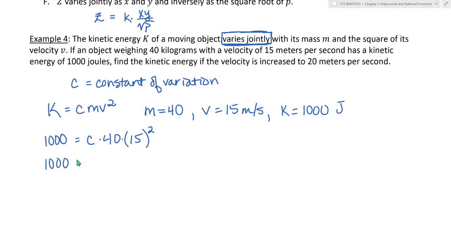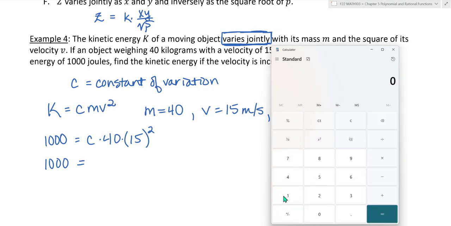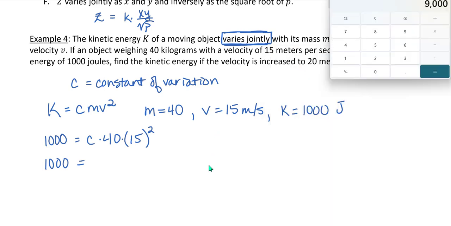So if we multiply all this stuff out on the right, 15 squared is 225, and then times 40, 9,000. So C times 9,000, I'm just going to write 9,000 C. If we divide both sides by 9,000, we get that C is 1/9.